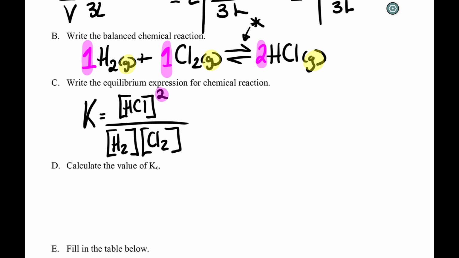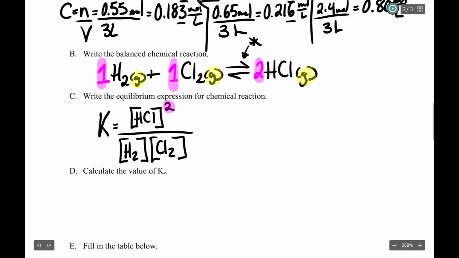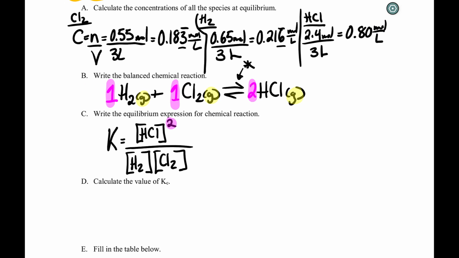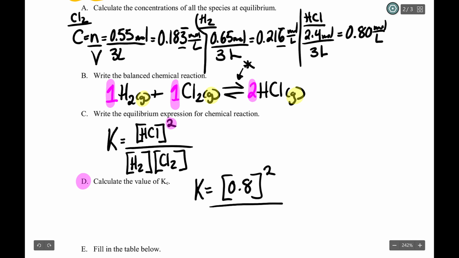Okay, the next thing I'd like you to do is take your concentrations from part A, substitute them into the equilibrium expression, and calculate the value of Kc in part D. Pause the video now and give it a try. So now that you've had an opportunity to give it a try, let's do the answer. Substituting my values in, I have 0.8 squared on top.